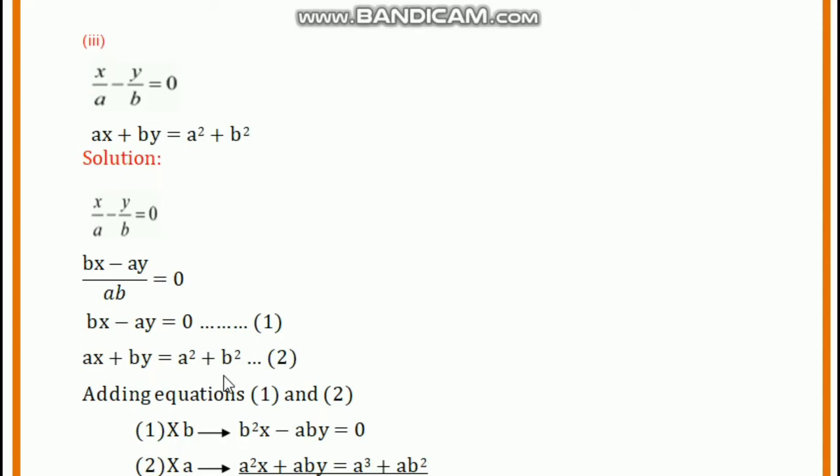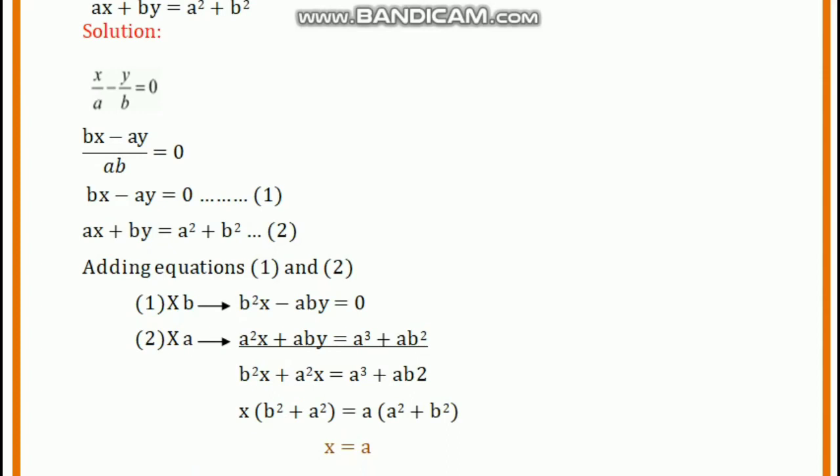Okay, now I am going to apply the elimination method to find the values of x and y. So here I am going to add these two because the signs are different. So the first equation we need to multiply by b on both sides.